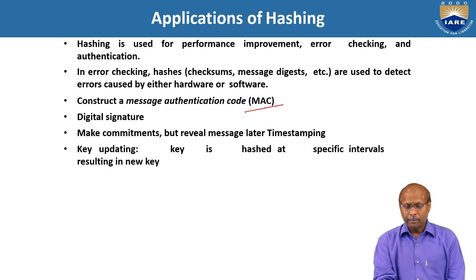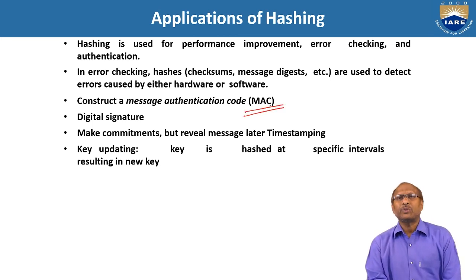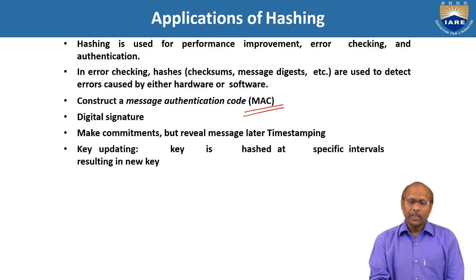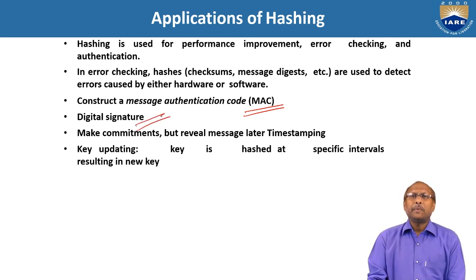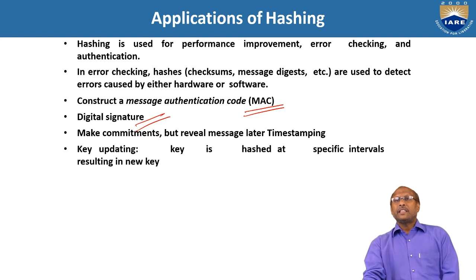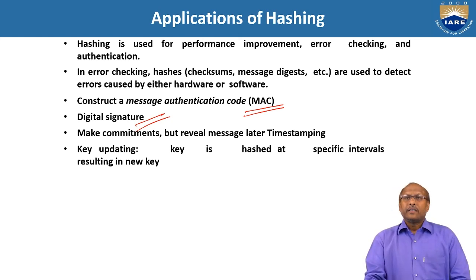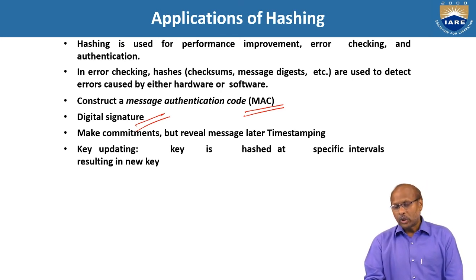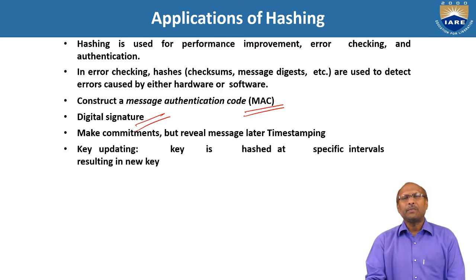So whenever you want to generate the MAC code, that time also hashings are used. Hashing is also useful in digital signatures, making a commitment but revealing the message later, and timestamps. So hashing is generally useful for searching data in a constant amount of time. Whenever you need a constant amount of time for searching, always use hashing. So try to avoid collision.